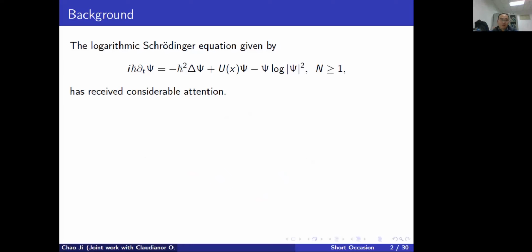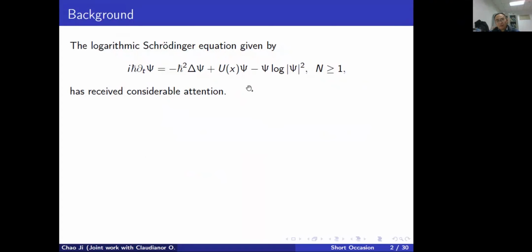First of all, let me get started with the background of our problem. The logarithmic Schrodinger equation is given like this. The special part is this logarithmic nonlinear term.